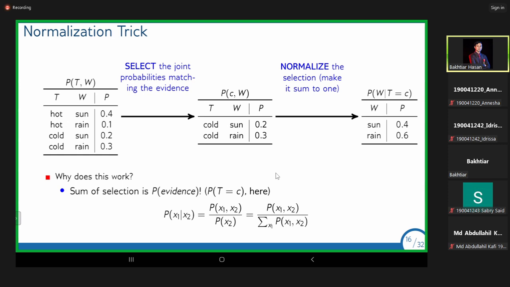And then when we normalize them, that gives us the correct denominators. Adding up cold and sun and cold and rain gave us the probability of cold. So the total there is going to be the probability of C, which is the denominator that we are looking for. So to compute conditional probability, we do two operations: the first is select, and the second is normalize.